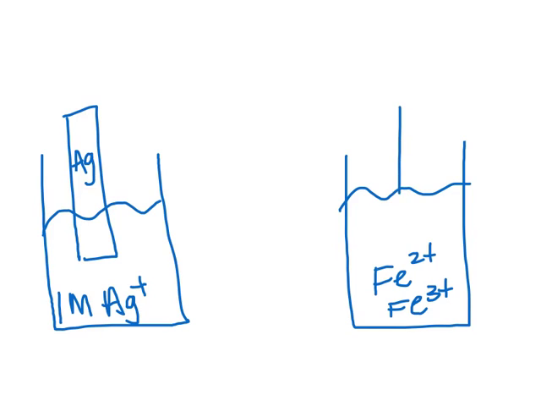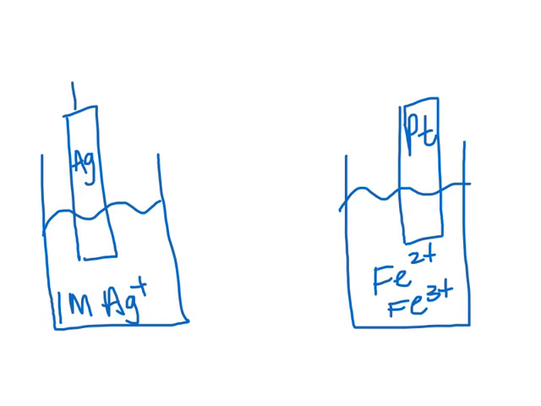So when that happens, you will use a platinum electrode. Platinum is a pretty neutral electrode. It also can be used as a catalyst. So platinum is the electrode you would use in the case where you have two ions and no solid of that same atom.